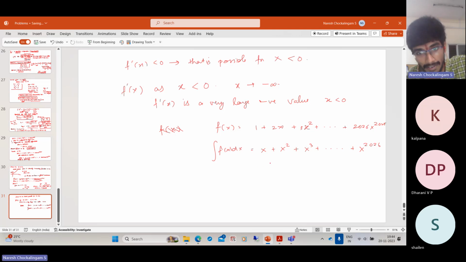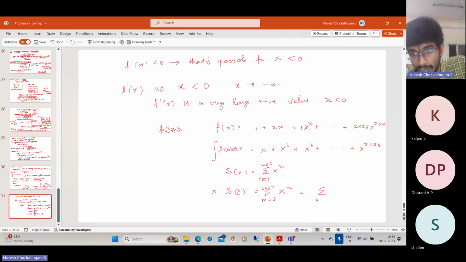Let us call this sum s of x, equal to summation x power n going from 1 to 2026. And what is x s of x? It is summation m going from 2 to 2027 of x power m.